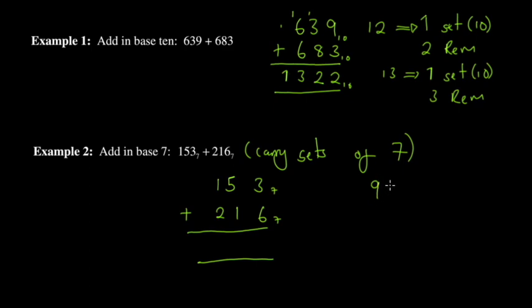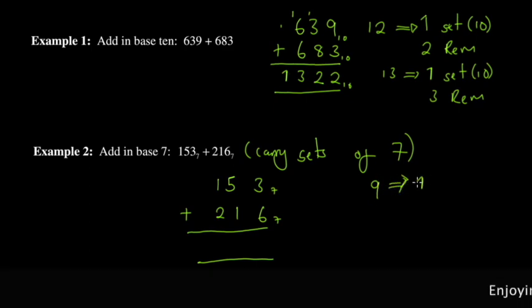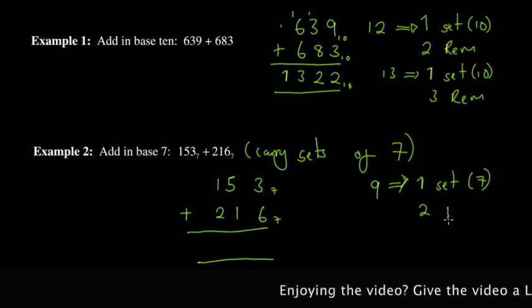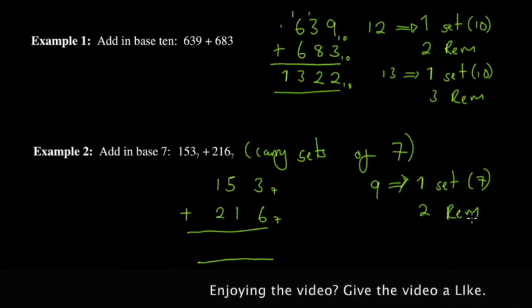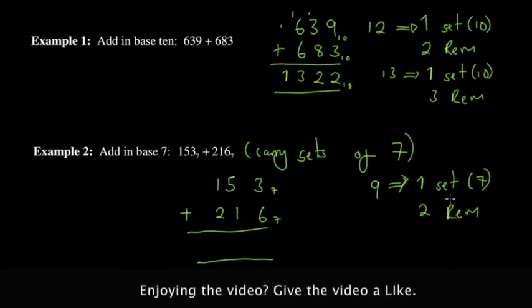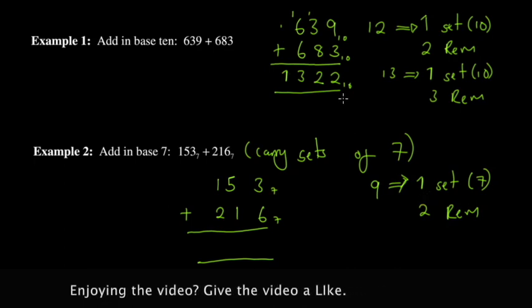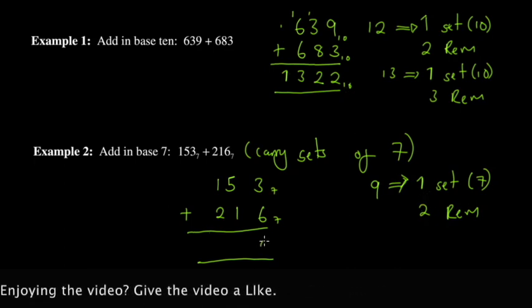You get 9 on the side, and 9 means how many sets of 7? It means 1 set. This time we're dealing with sets of 7. What's the remainder? The remainder is 2. So we are leaving the remainder here, and we are carrying the sets. The number of sets in our case is 1.